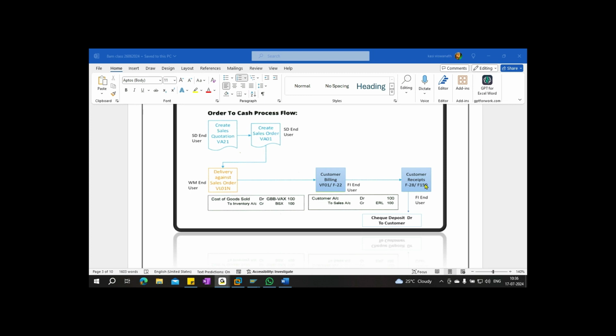Step two, sales order with delivery. Step three, customer billing. Step four, customer receipts.